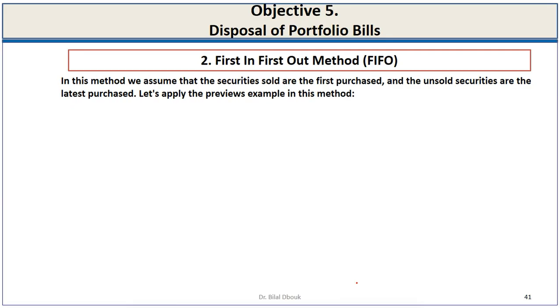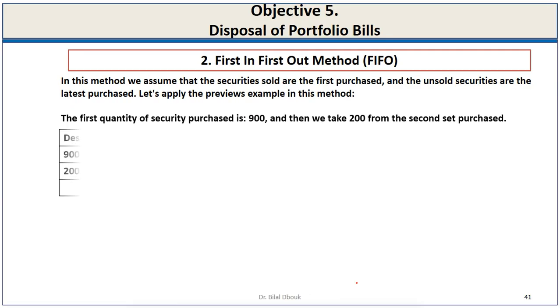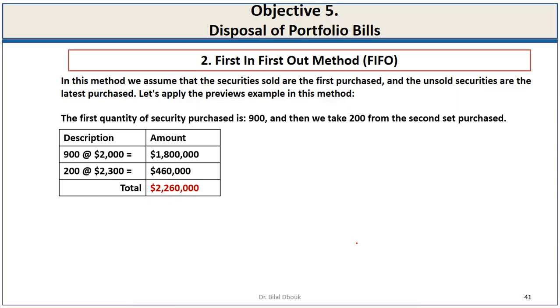If we are using the FIFO method, first in first out, the first quantity of the security purchased would be 900 out of the 1,100. Then we take the 200 from the second set purchased. So we have 900 times $2,000, which gives 1,800,000.